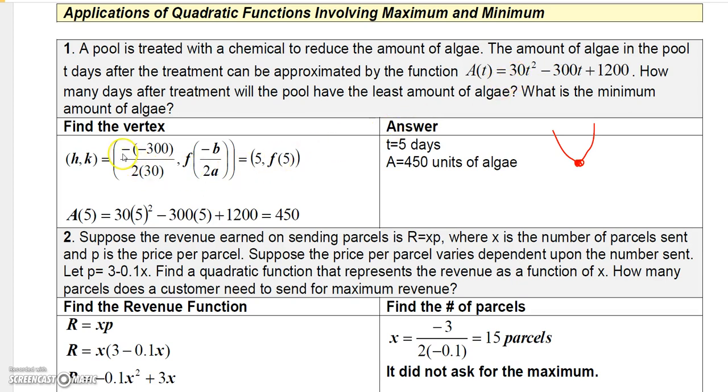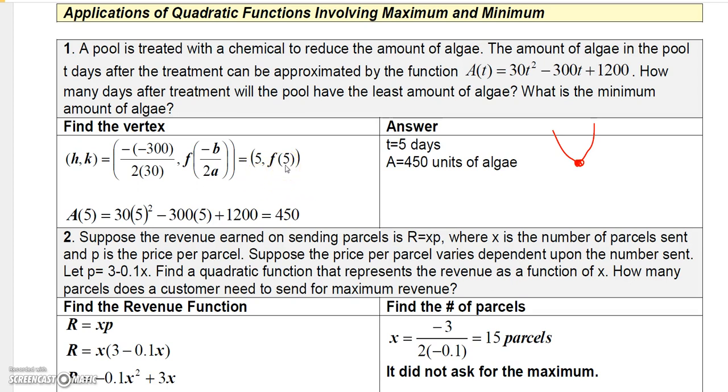So if I do my minus B over 2 times A, I'll get negative 300 is positive 300, and then 2A be 2 times 30, that's 60. So 300 divided by 60 is 5, so that would give me 5. And that's actually the value where the minimum occurs. That's not the minimum. So the minimum would occur at 5 days, t equal 5 days.